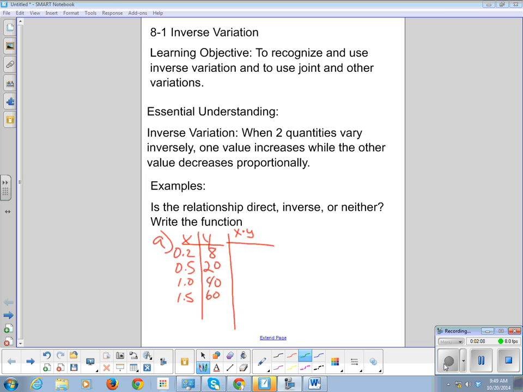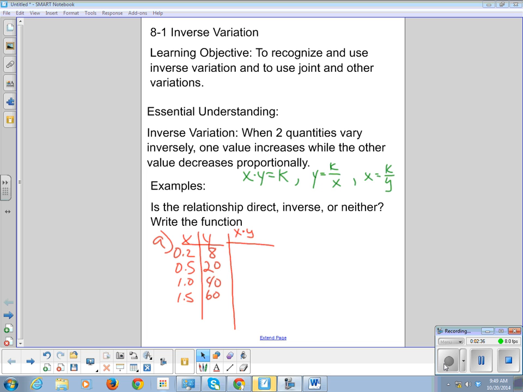So you may have an inverse variation that's x times y equals k. And remember, k is our constant. It could look like, if I divided both sides by x, y equals k over x. Or if I divided both sides by y, it could be x equals k over y.